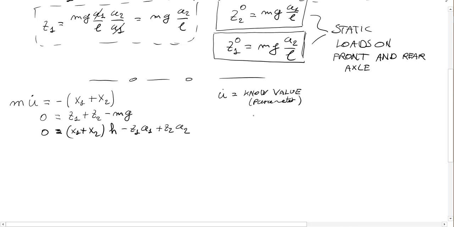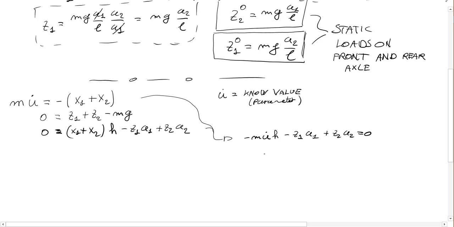So what we can do is put the first equation in the last one, and we now write this equation. We have minus m u dot h minus z1 a1 plus z2 a2 equals 0.